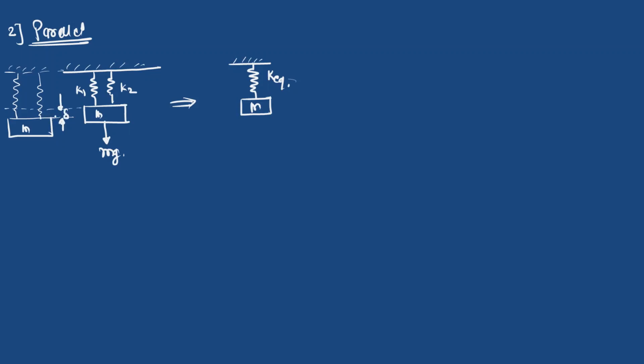For this case, delta is the same for spring K1 and for spring K2. So both the springs are subjected to the same deformation as they are connected in parallel. So delta for the mass is equal to delta 1 for spring K1 and equal to delta 2 for spring K2.